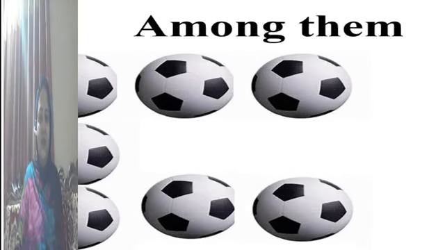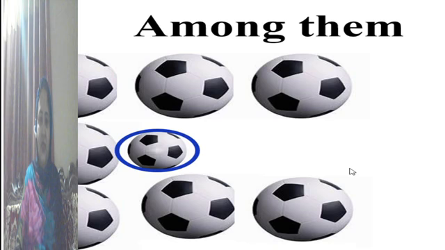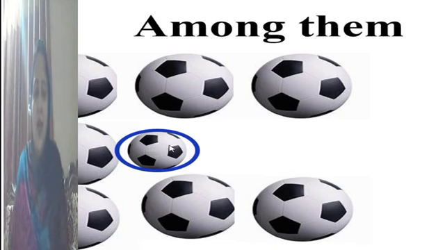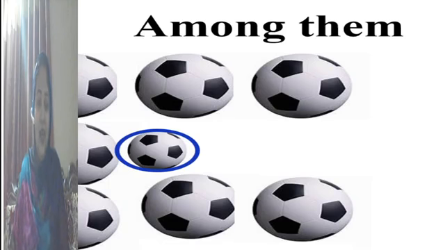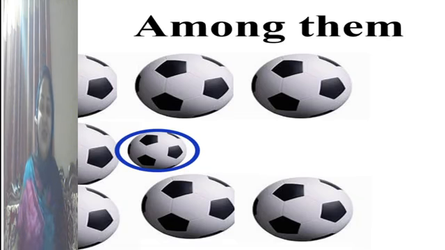Now, there are 1, 2, 3, 4, 5, 6, 7 footballs. But among them, there is another football I added here. What do you think? Is it like the others? No, you are absolutely right. It is not like the others because all the 7 are bigger than this one.